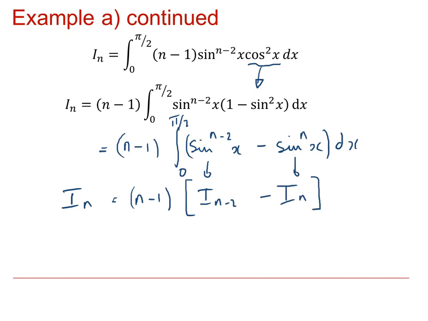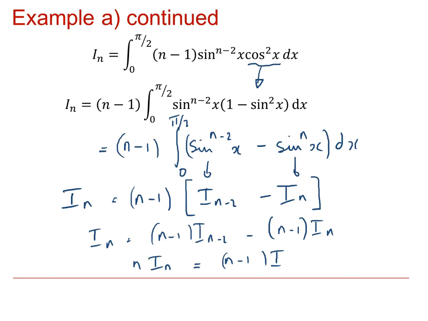And if we rearrange that, we get that In is equal to n minus 1 of In minus 2 minus n minus 1 of In. So in total we get that n In is equal to n minus 1 of In minus 2.